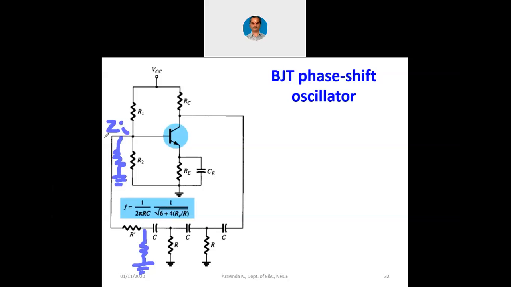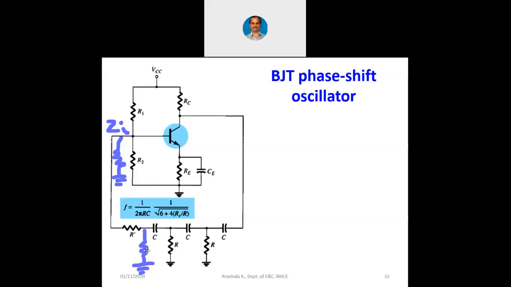Now that 2 kilo ohms will come in parallel with this 4.7 kilo ohms, and then we have a problem. The last R will not be equal to the 4.7 kilo ohms because that is in parallel with the input impedance. Now the whole CR circuit will not produce completely 180 degree phase shift because there will be a deviation in the last R value.